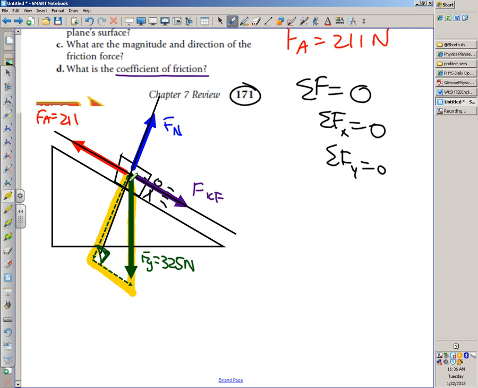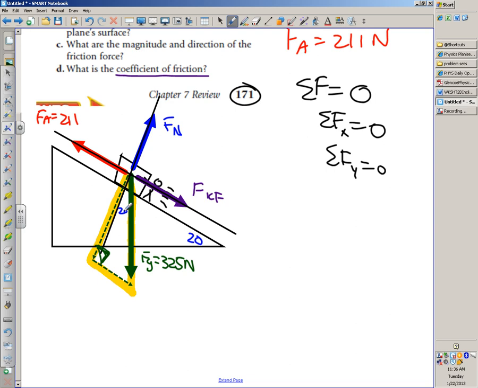But if we're going to find components, we need to know what about that right triangle? We need to know a side, which we have. We also need to know an angle. We said that if we know that the ramp is inclined by a 20-degree angle, that means this angle right here, the one between the new perpendicular-to-the-surface axis and the actual gravitational force, also has to be 20 degrees.